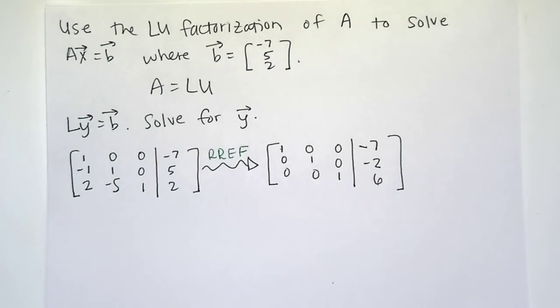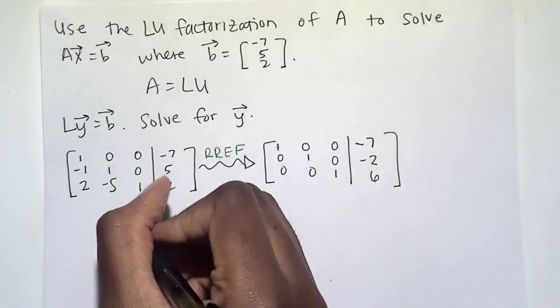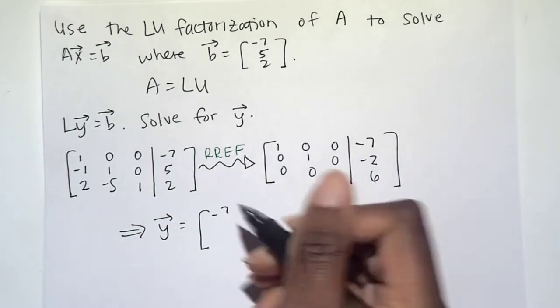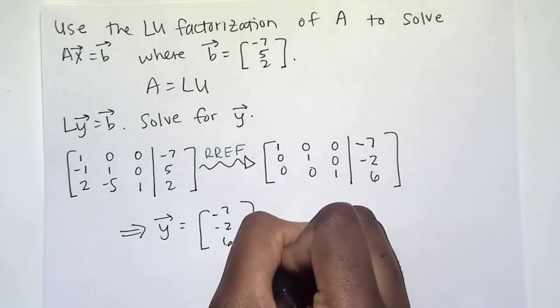All right, so now we have solved for Y, right? So Y is -7, -2, 6.